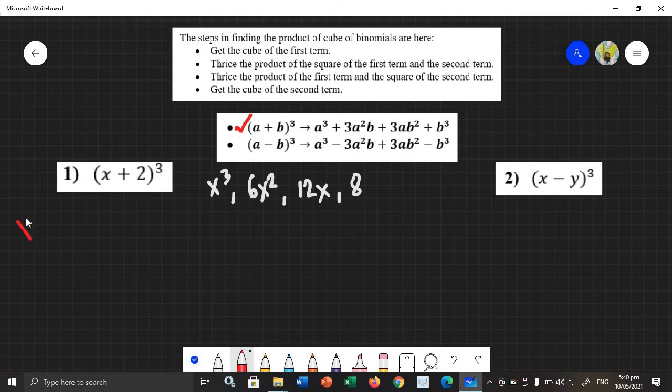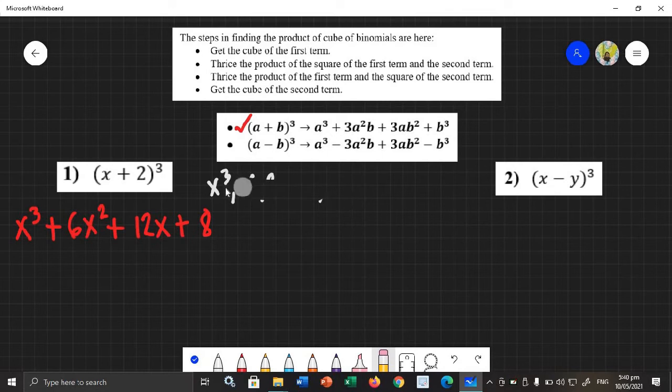So we have x raised to the third power plus, then the second one, 6x raised to the second power, again plus, according to the pattern, plus 12x, and then plus 8. So that is now your product for example number 1 using these steps or the shortest method possible.